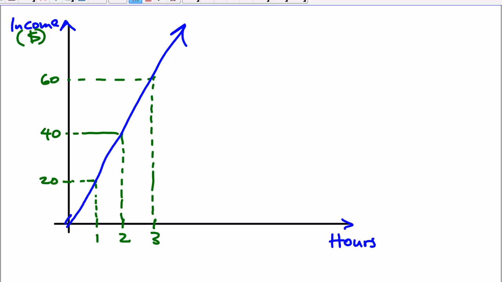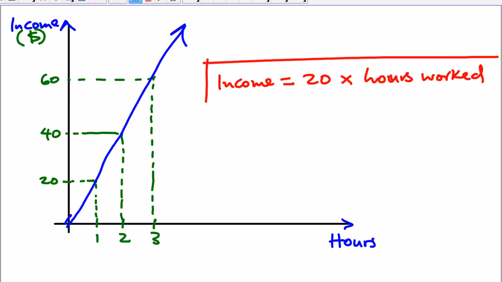So we can say, in summary, income is equal to 20 multiplied by hours worked. And this is very important, because this actually summarizes what's happening here.